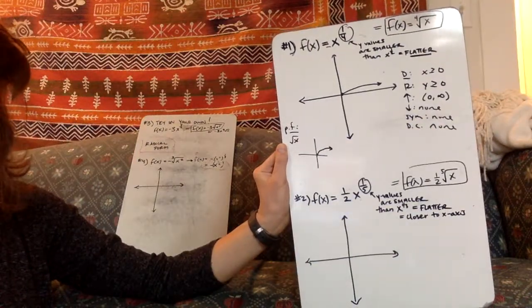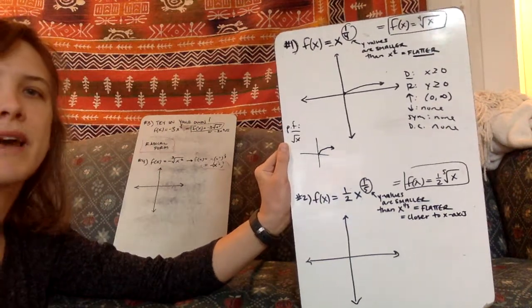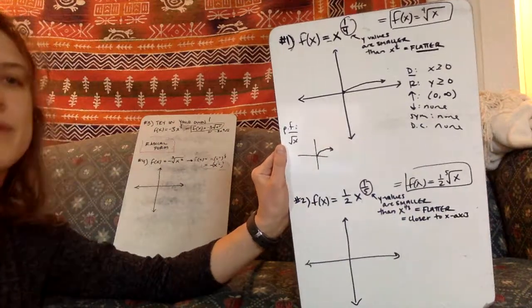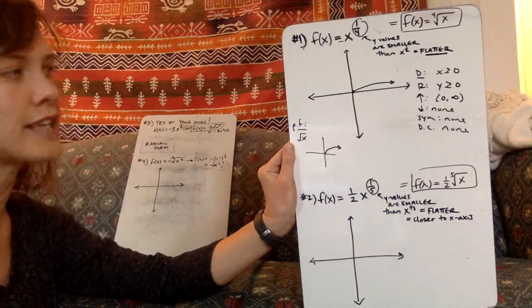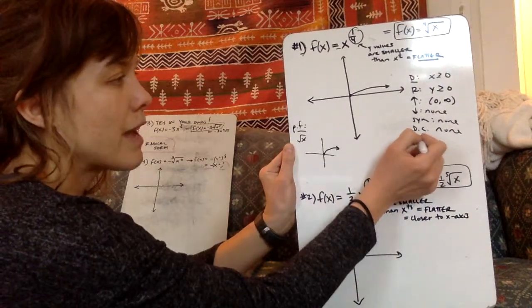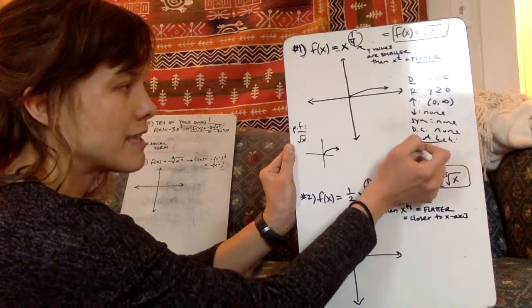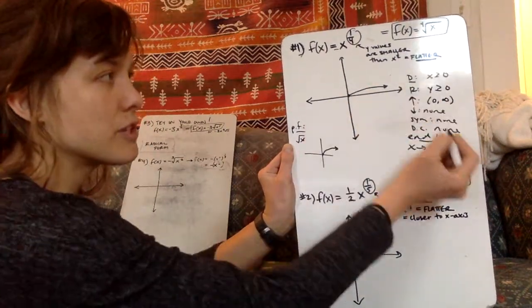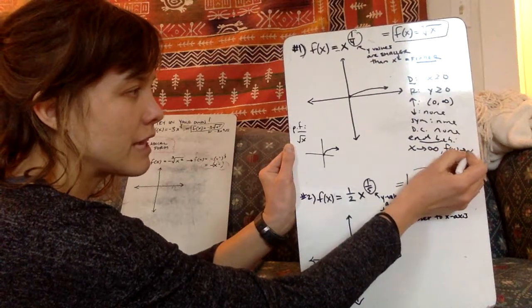And with my end behavior, this is where it starts getting different, when I have my domain restrictions. You saw the end behavior was a little bit different with the reciprocal graph, and the same is true for my rational exponents. So as x approaches infinity, f of x, or y, is approaching infinity.